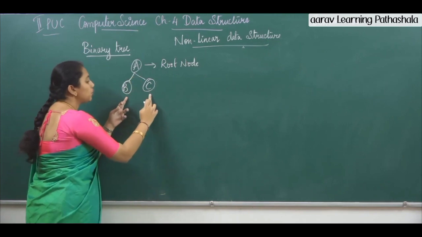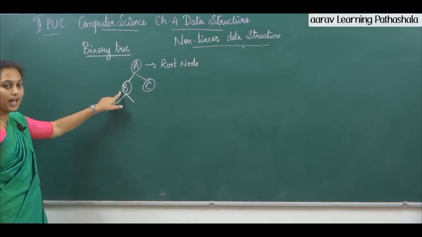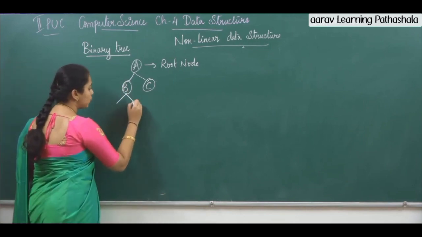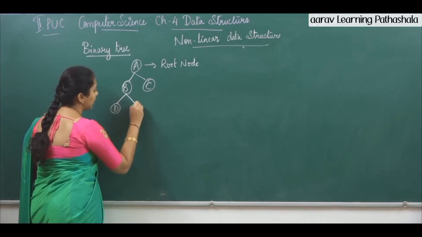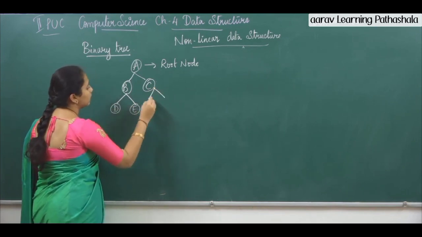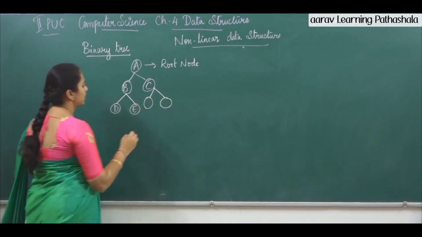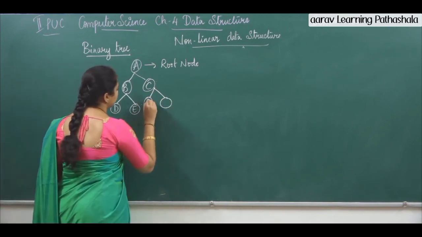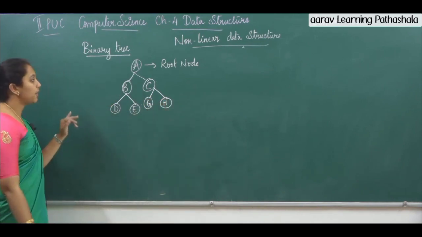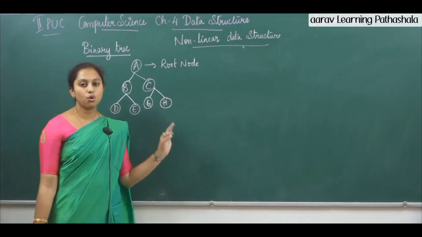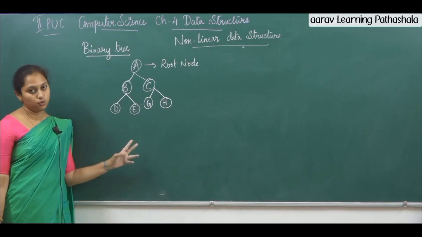So it has two child nodes. This child node B has two sub-child nodes, that is D and E, and this node has two child nodes, that is G and H. So in a binary tree, each node must have a maximum of only two nodes.